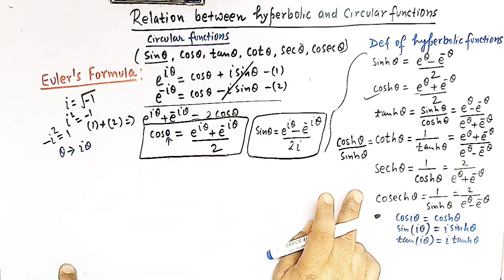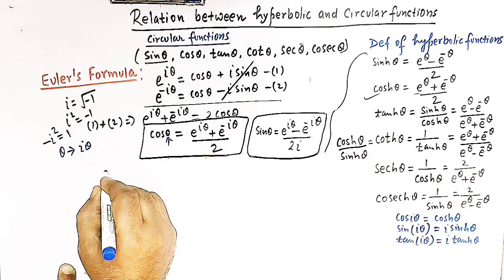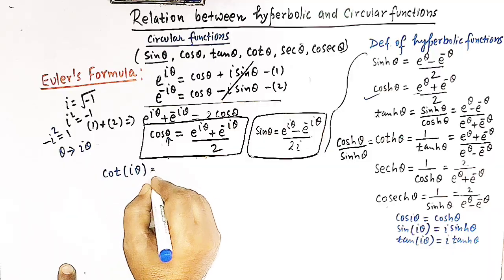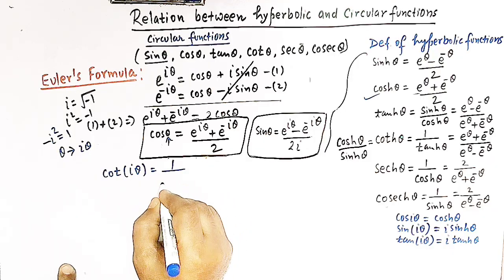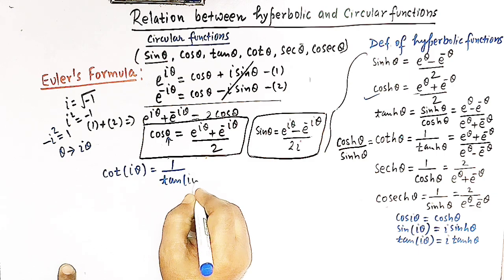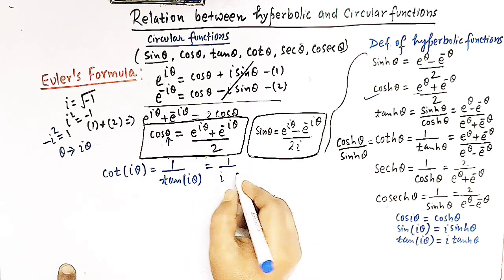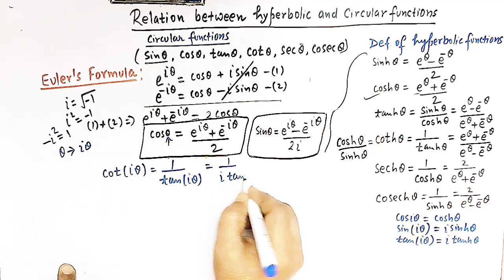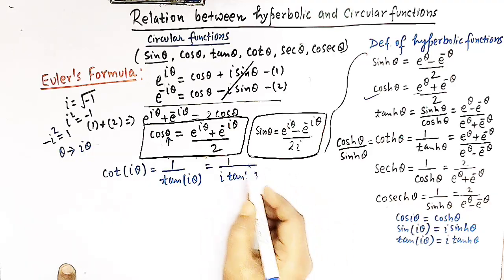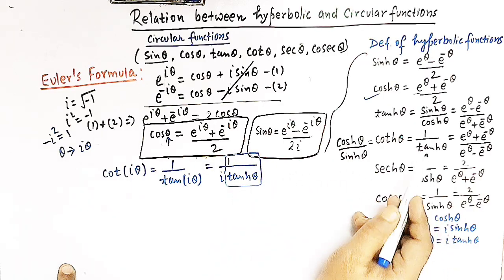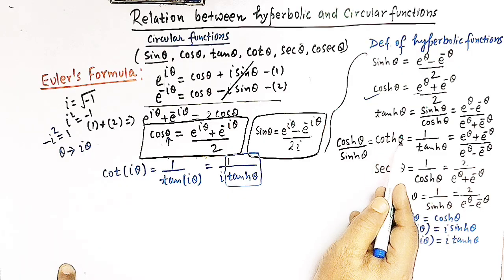So now let us derive the other relations. Here we have cot(iθ) which can be written as 1 over tan(iθ). Taking tan(iθ) as i times tanh θ, we have 1 over i and here we have a hyperbolic tangent of θ. Now 1 over tanh θ is equal to hyperbolic cotangent of θ.